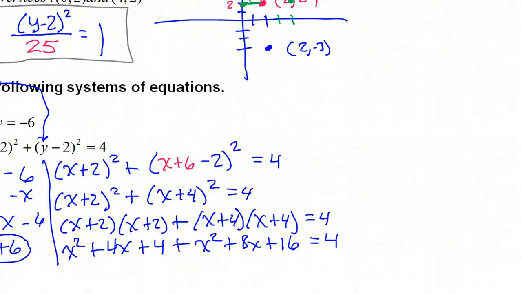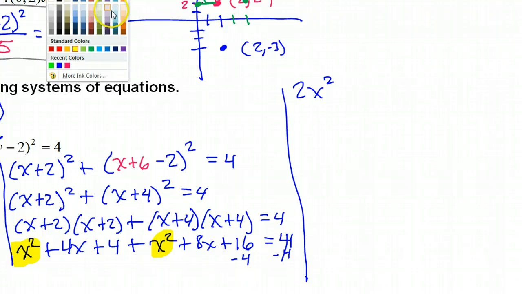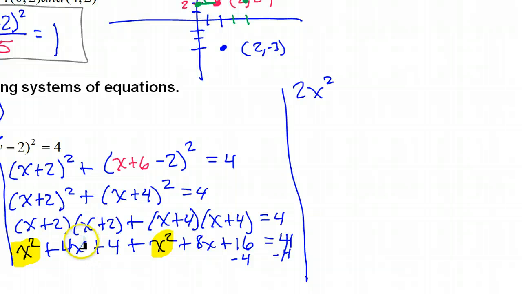All right, let's see if I have more space over here. I believe I do. Combining like terms, and while I'm at it, I might as well move that 4 over as well. So I've got x squared plus x squared, so that's 2x squared. Maybe I should highlight these as I go. Now let's do 4x and 8x, so that's going to make 12x.